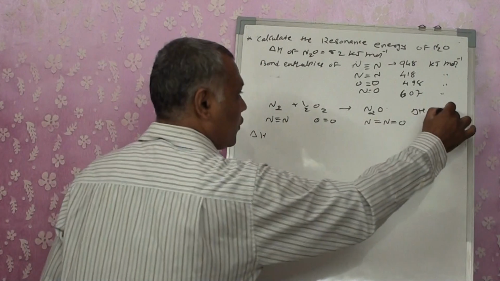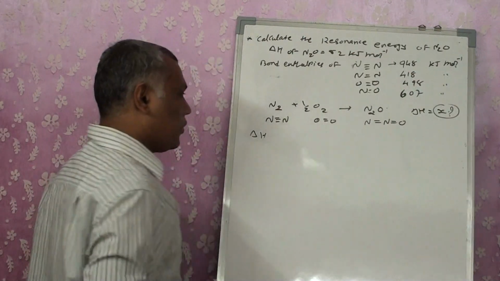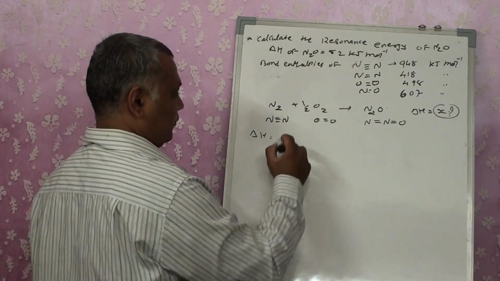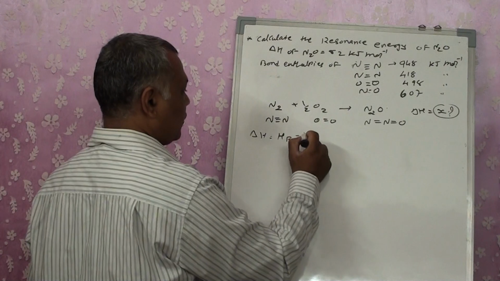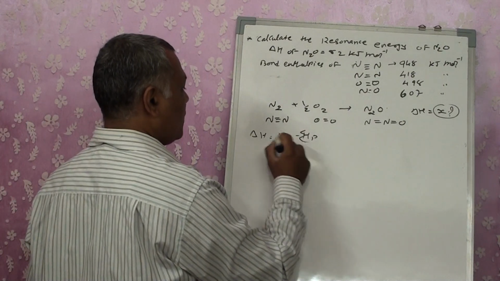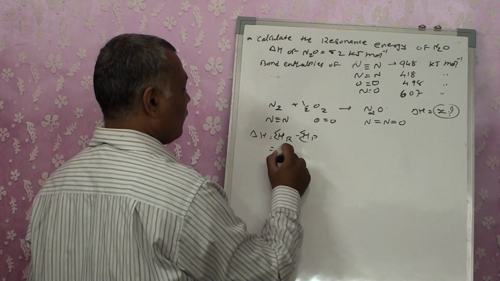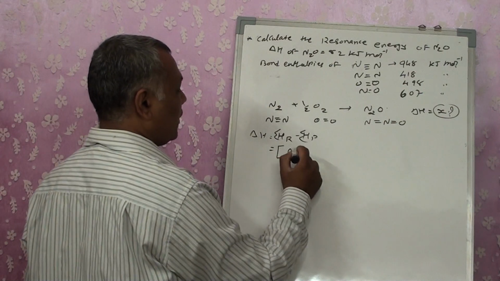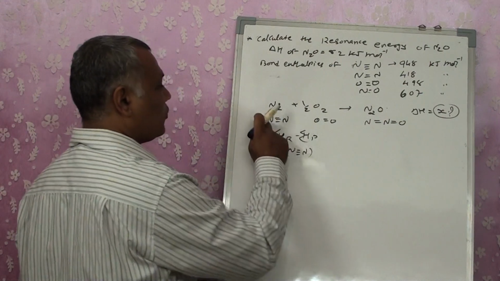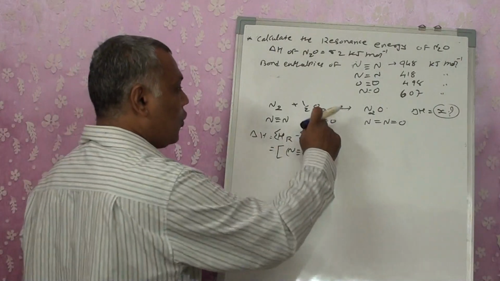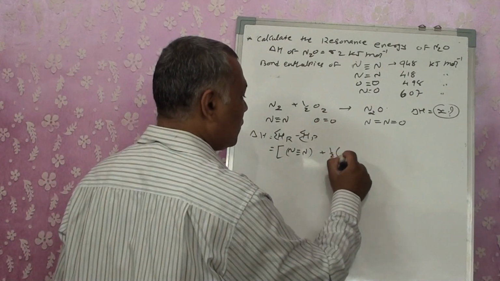This is what our question mark is. For that, we are going to have HR minus HP summation. HR means N triple bond N, and that is only one mole, O double bond O, but that is only half mole.